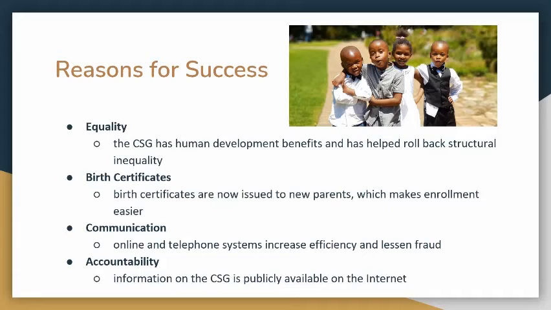In addition, the Social Security Administration has put online and telephone systems in place that provide advice and information, which helps increase efficiency and reduce fraud. Not to mention, accountability can be promoted as information on the Child Support Grant can be publicly accessed by anyone who has internet.